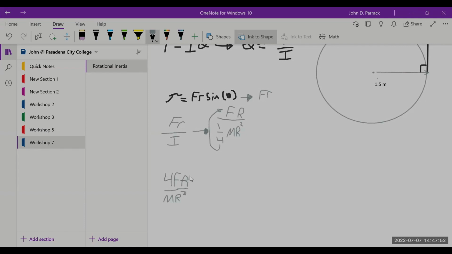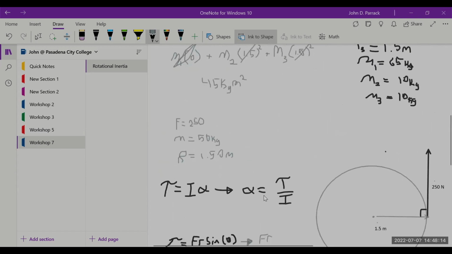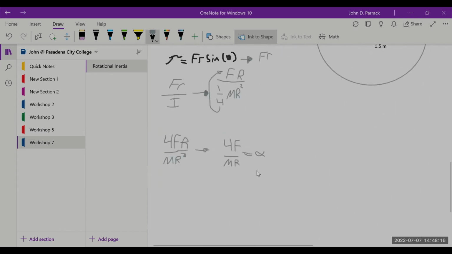R to the 1 minus 2, we're just left with 1 R on bottom. And this becomes 4 times the force, 4F, divided by MR, and that's going to equal the angular acceleration of the merry-go-round.